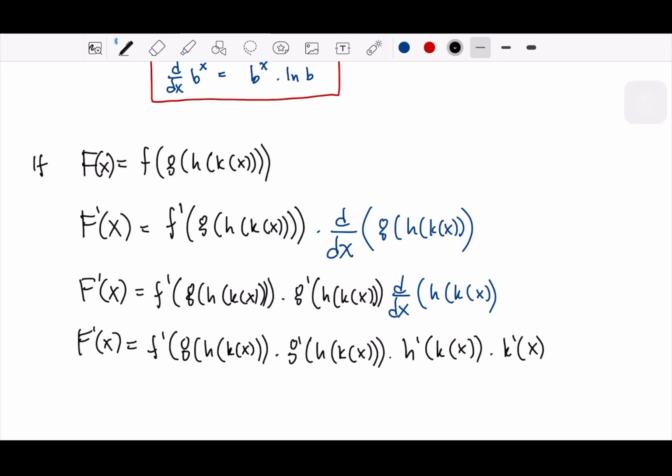Okay, I will stop the chain rule here. We are going to have several examples tomorrow, more practice. I will give you examples regarding what we have learned.